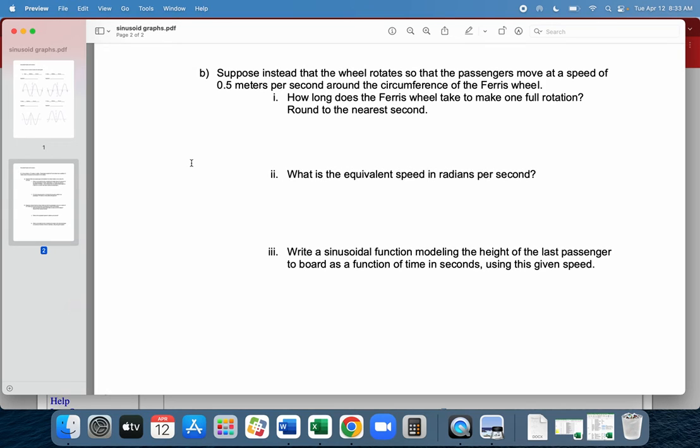But we have a speed in radians per second. Oh, wait. It's down here, so we already have a function. We're still gonna have something like that, but just with a different sort of input, because we've got a different speed. So let's say, and I'll call this g of t, where we've got a new speed of 0.03 radians per second. Still gonna have this negative 16 cosine of something plus 18.